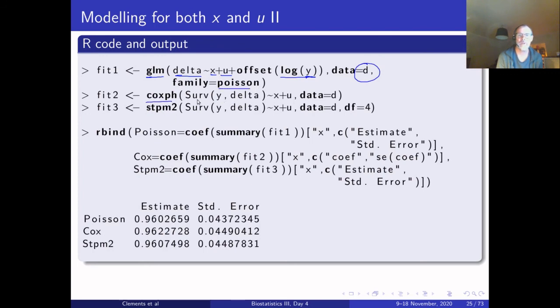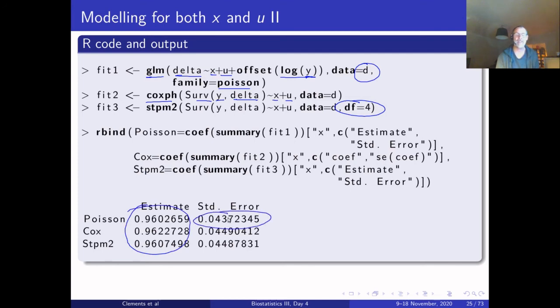We could also do a Cox for survival time y with the event indicator delta, adjusting for x and u. And then the STPM2 is almost identical, but we also need to specify the degrees of freedom for the baseline. And then this is fancy code to give this table where we want to look at the x coefficient. And these are all very similar and very close to 1.